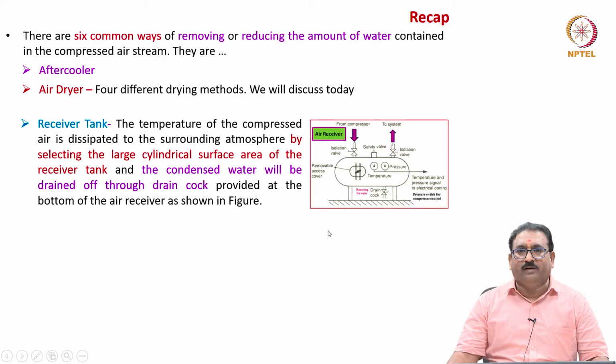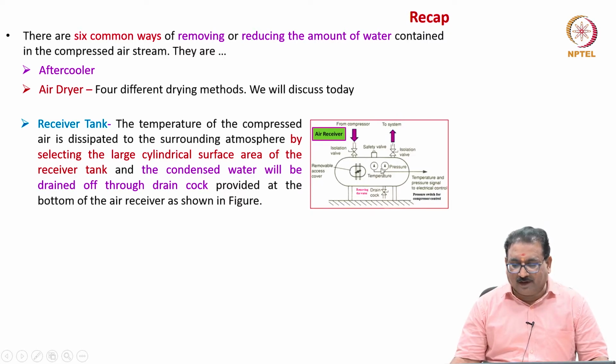The moisture is collected in the receiver tank at the bottom, so it should be drained through the drain cock. Also we know that hot air is not allowed here. That is why the air receiver also dissipates the heat. Then dry and clean air, you will always take from the top side. We have discussed these things already.